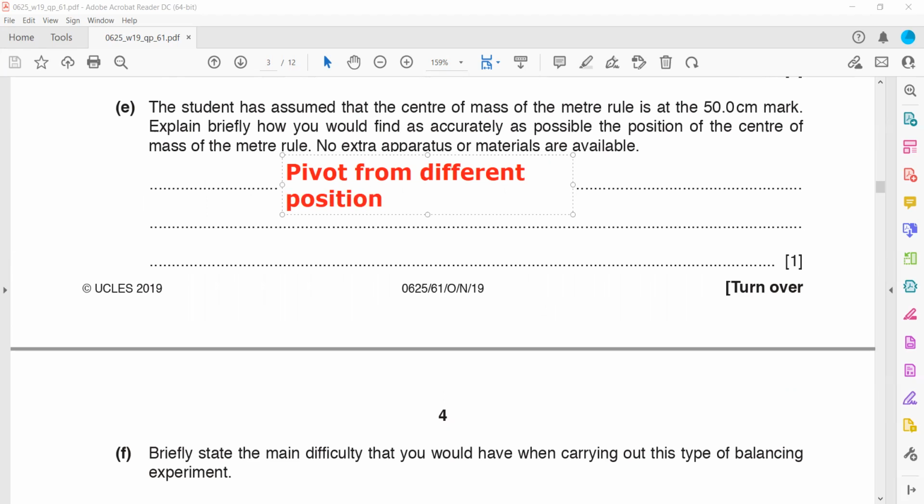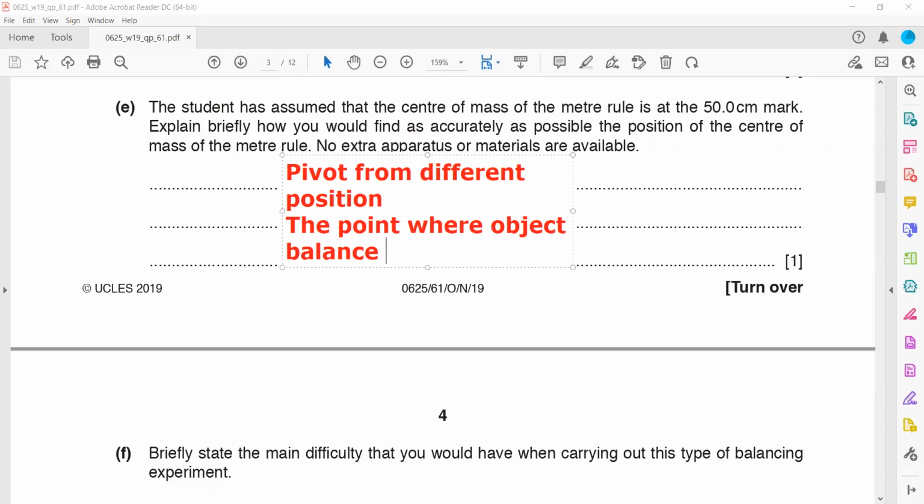We'll pivot from different positions, the point where it is balanced is the center of the mass of the object. So any object I want to determine the center of the mass, this is always the way. We pivot from different locations, the position where it is balanced, that is the pivot.